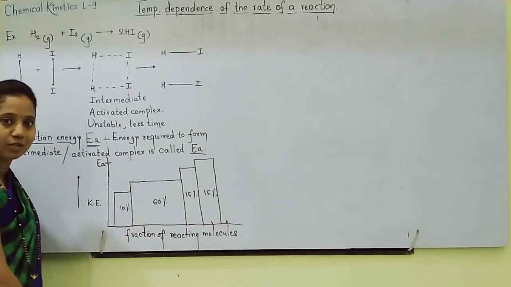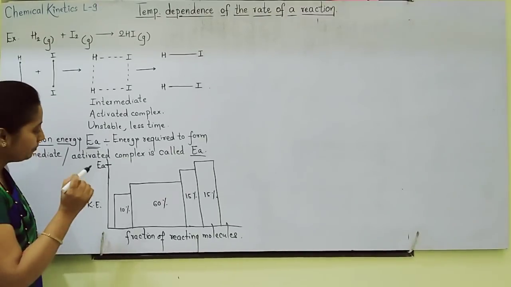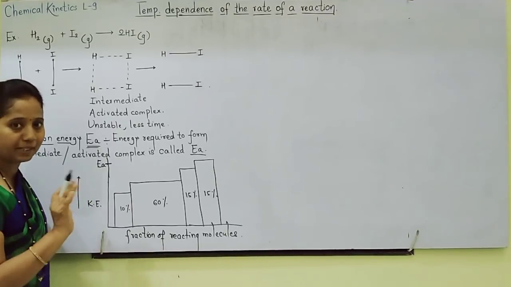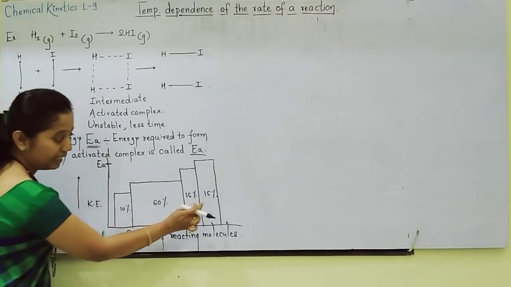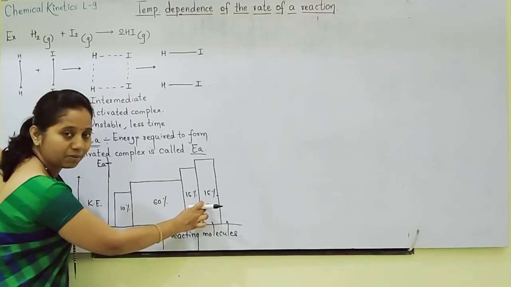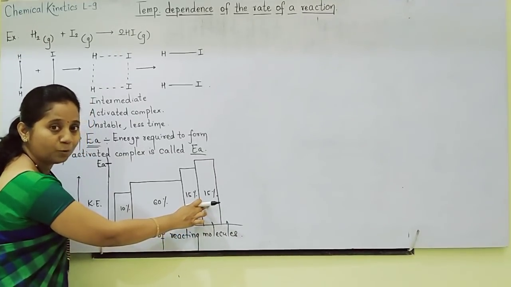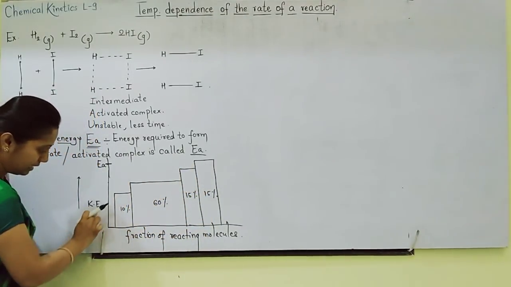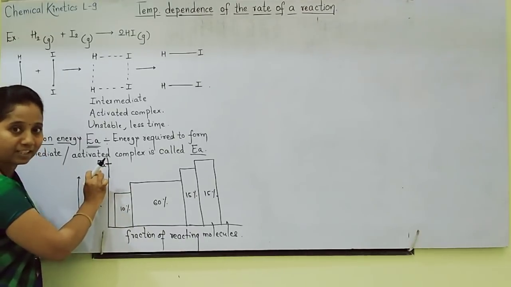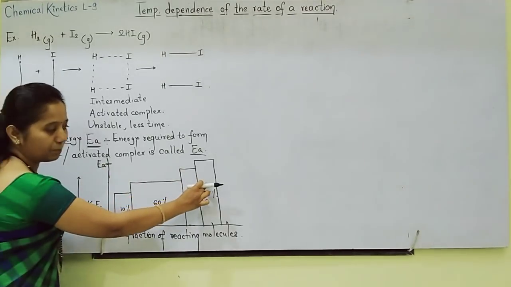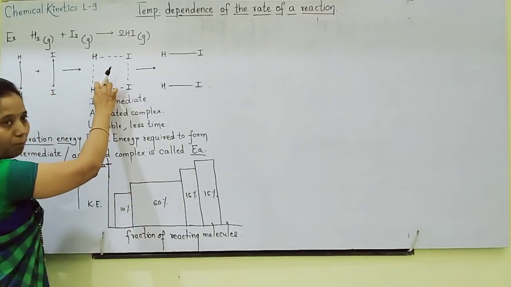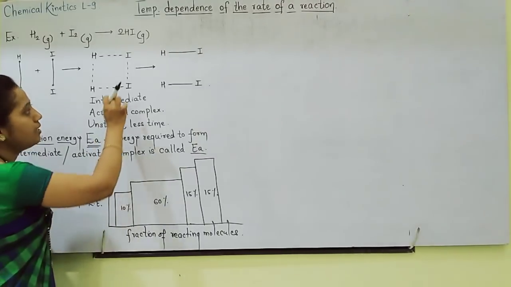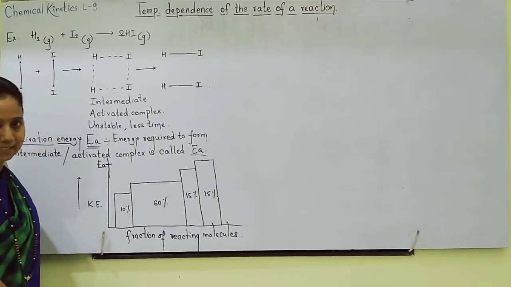So looking at this, students, can you tell me which molecules will react to give the products? Then your answer should be these molecules, the last column, the 15% molecules will surely give rise to products, because their kinetic energy is equal to activation energy. So these 15% reactants will form the activated complex, and then they can form the products.